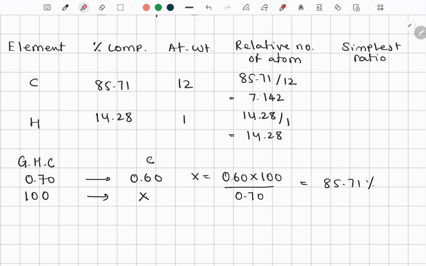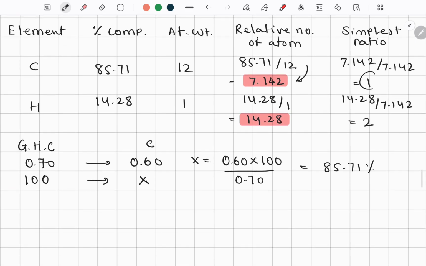Once we calculate the relative number of atoms, we select the smallest number and divide all the relative numbers of atoms by it, which is 7.142. So we divide 7.142 by 7.142, which gives 1, and when we divide 14.28 by 7.142, the answer becomes 2.